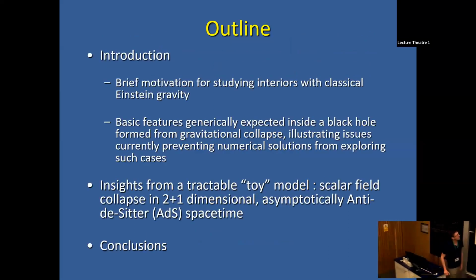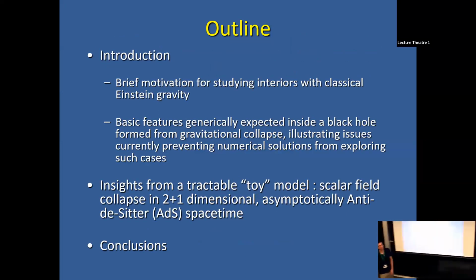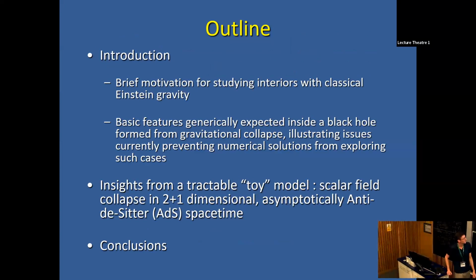I'll give a little bit of motivation for why I'm interested in studying interiors, more from the physics or astrophysics perspective. Thankfully, Mihalis and Spiros gave a very nice overview of the expectations and what we currently know about interiors.